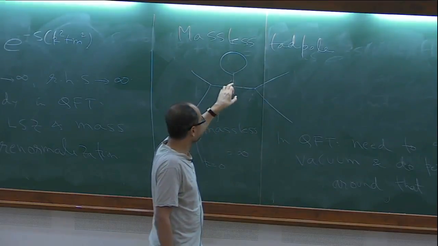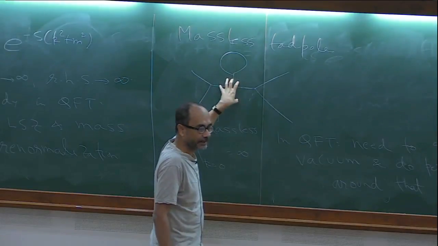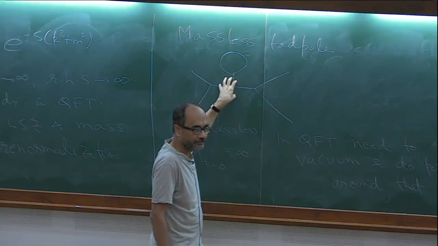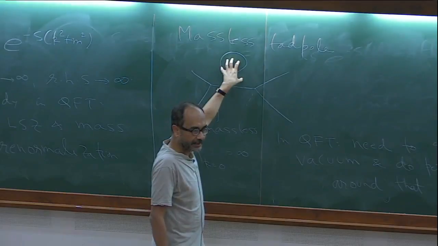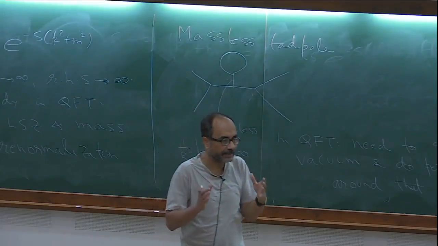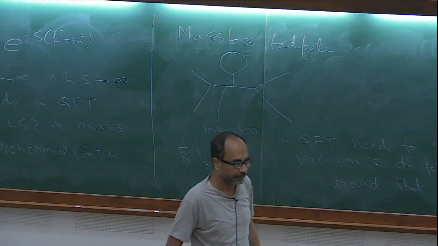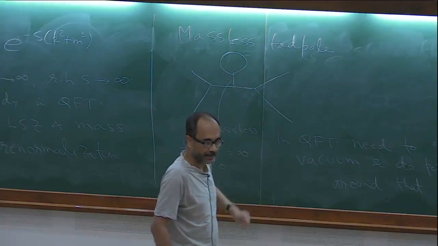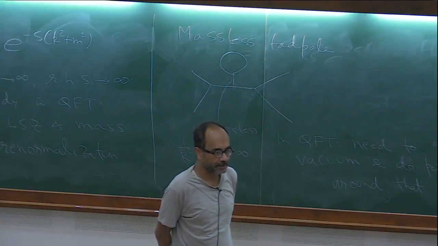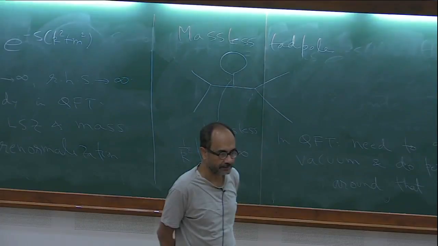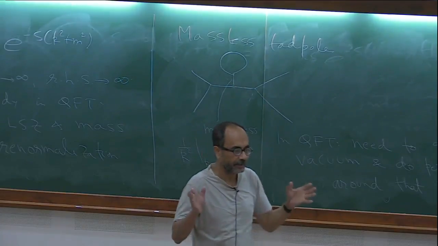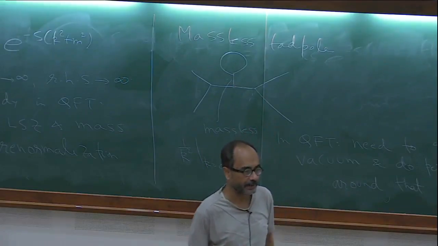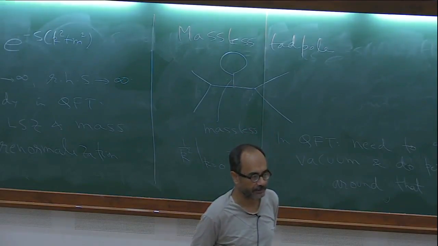But this is finite because there is a 0 times infinity. This is 1 over k square, which is infinite. This is 0. And again, you have to define it appropriately, and there again, Deligne-Mumford compactification is useful in defining how to handle these diagrams. So when the massless tadpoles vanish and the mass renormalization vanishes, then you can use Deligne-Mumford compactification to give a well-defined procedure for computing what the string amplitudes are.